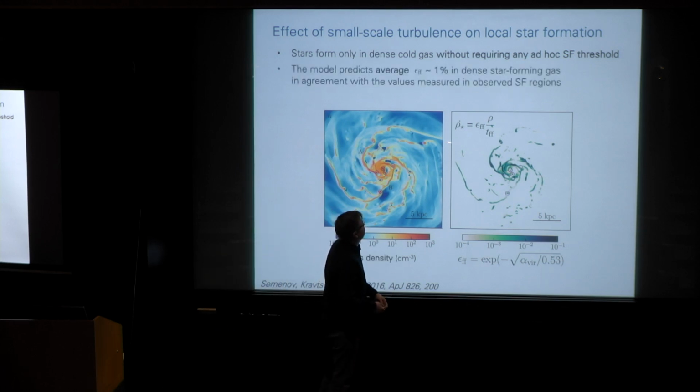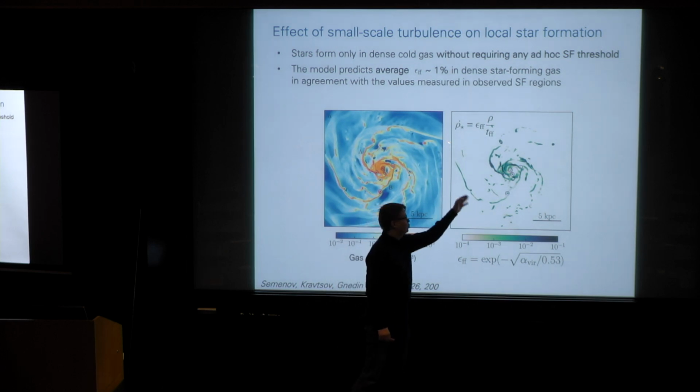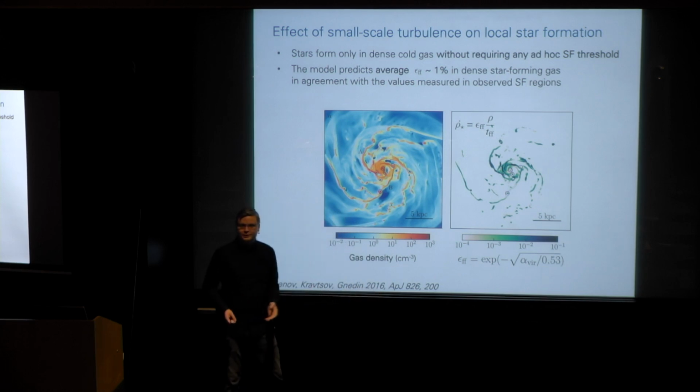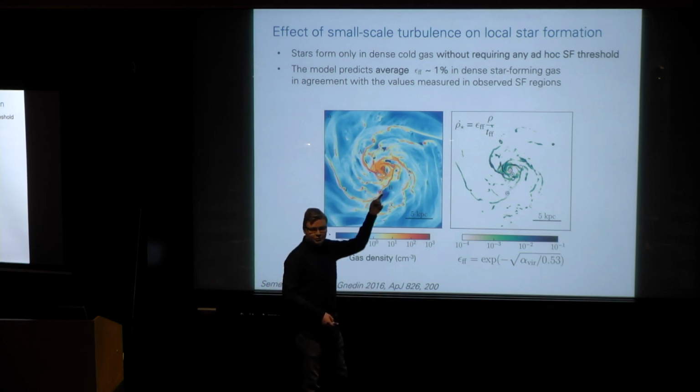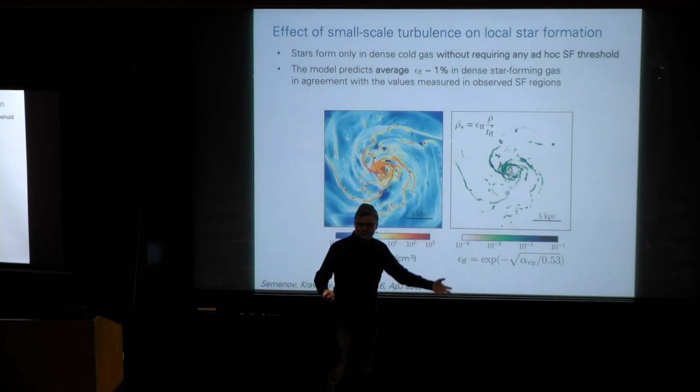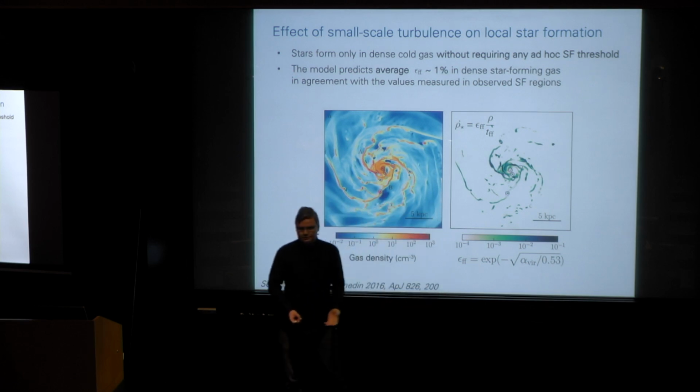In addition to this, in cold and dense gas, the average values of efficiencies are of order 1%, which is similar to what is observed in real star-forming regions. And this is the output of the model, because the model was calibrated on direct simulation of turbulence, which knows nothing about star formation in galaxies. So it's encouraging that when we apply it in galaxy-scale simulations, it gives us the correct answer.